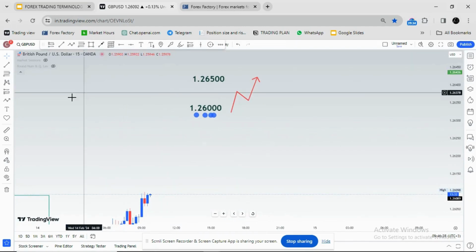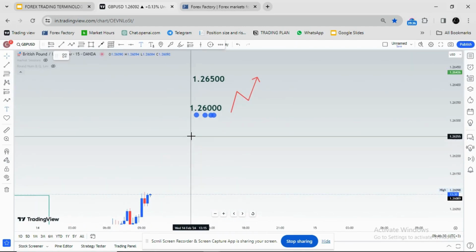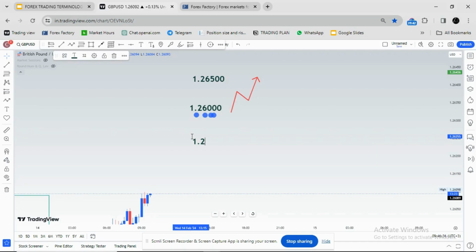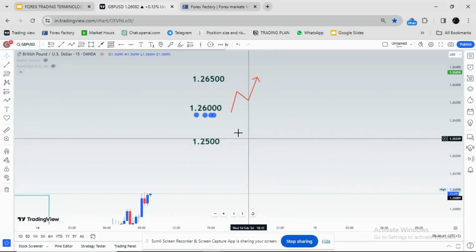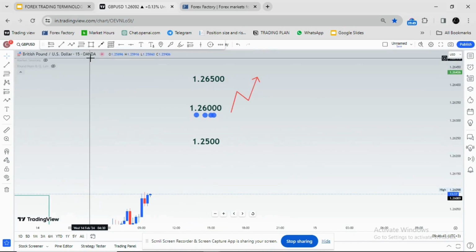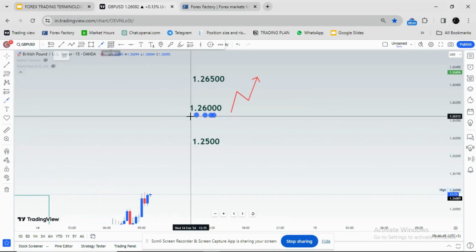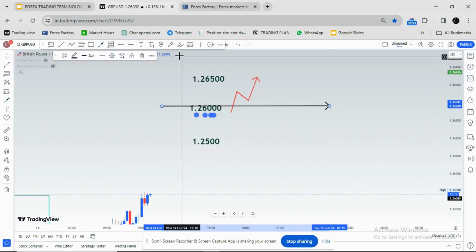You can do the same if we have something like 1.2500. This was the starting point.